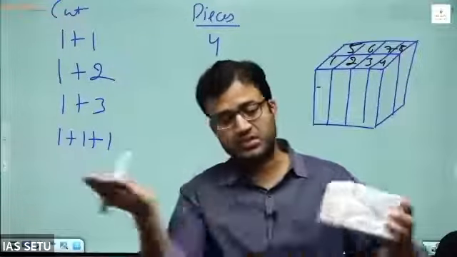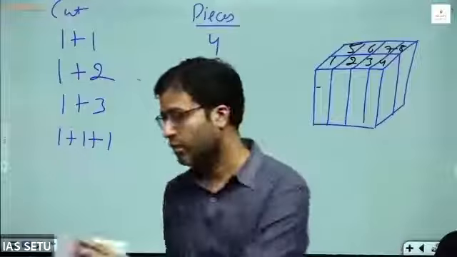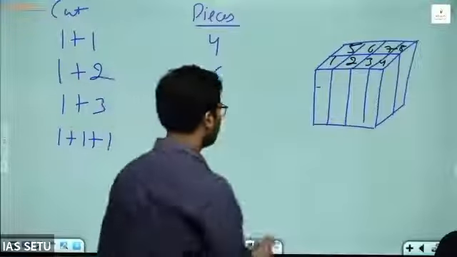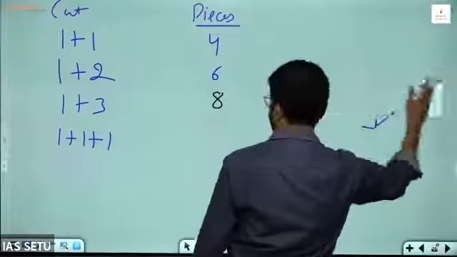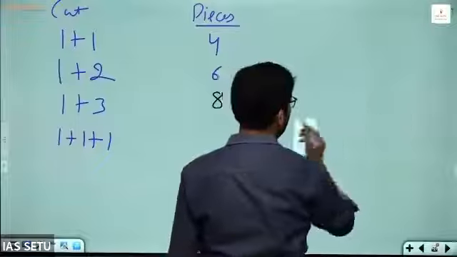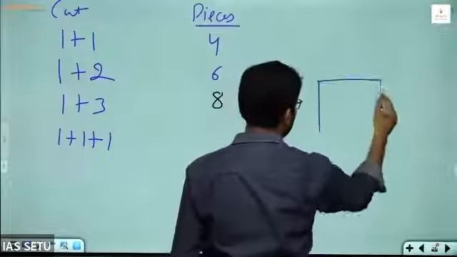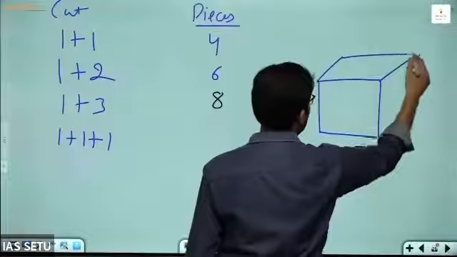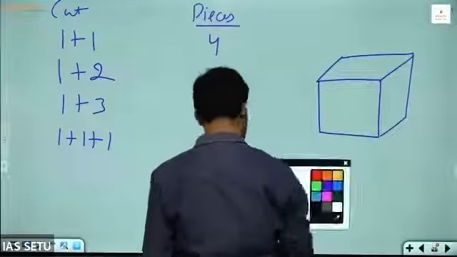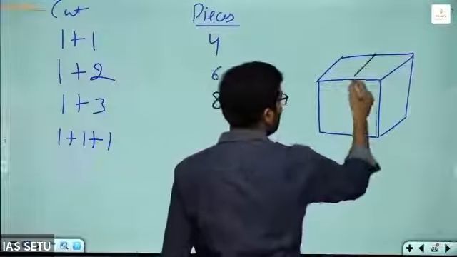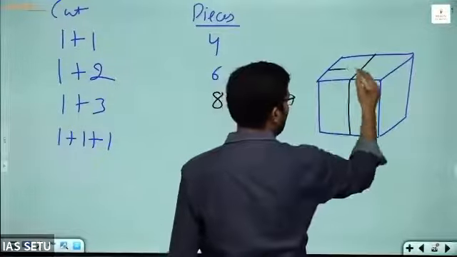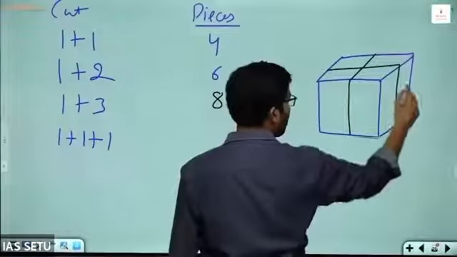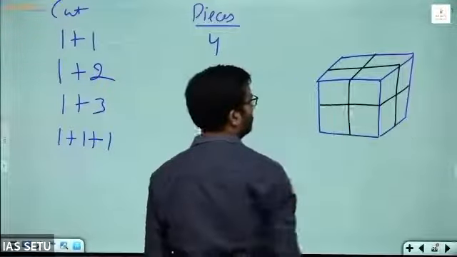I cut through the middle also like this, or we will see with the help of a diagram. This is cut number 1, this is cut number 2, and here this is cut number 3.